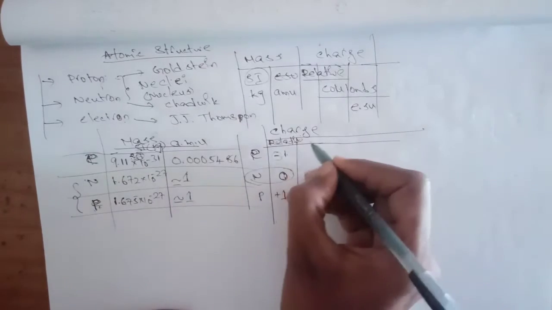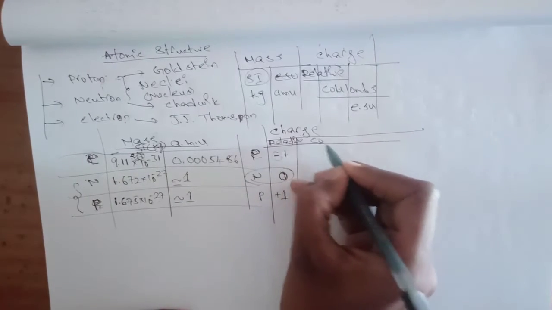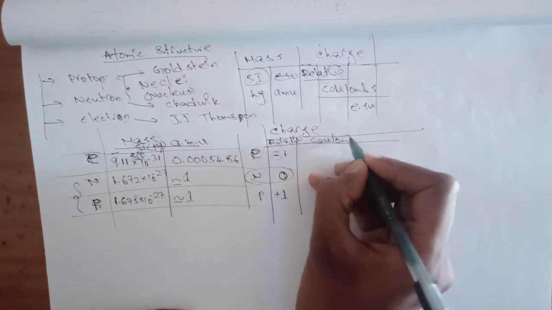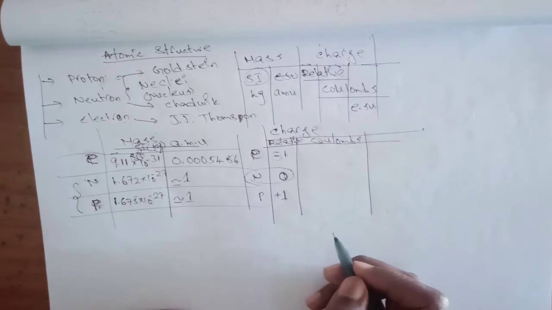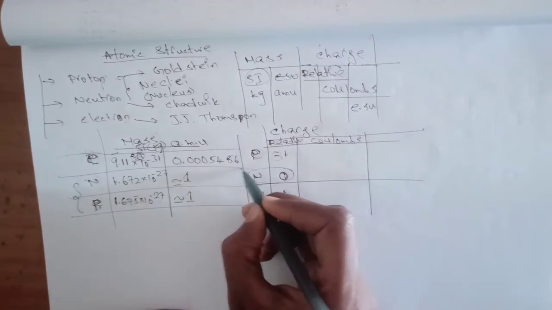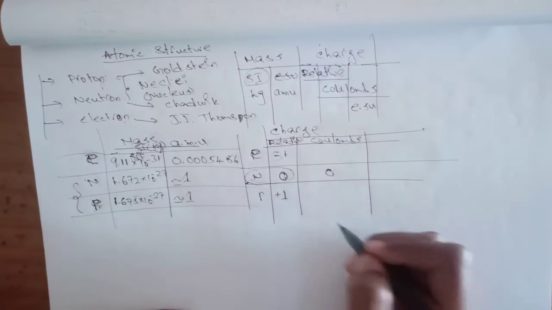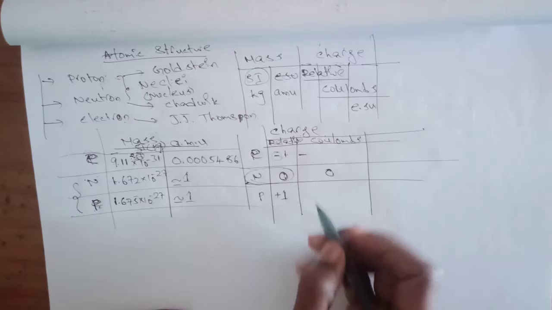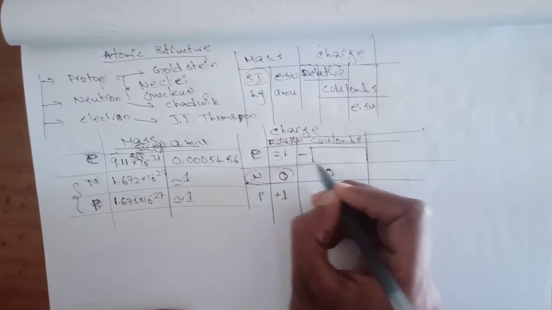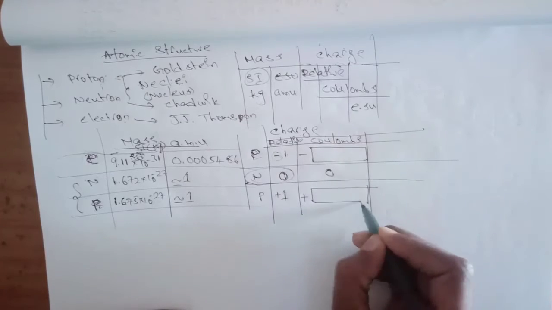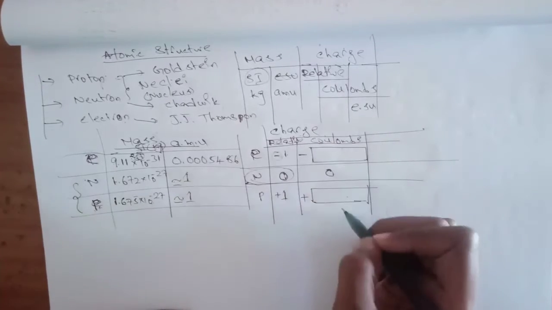And the charge in terms of coulombs: the neutron charge is absolutely 0, the electron charge is some negative value, and the proton charge is some positive value. Both have the same magnitude but are quite opposite.